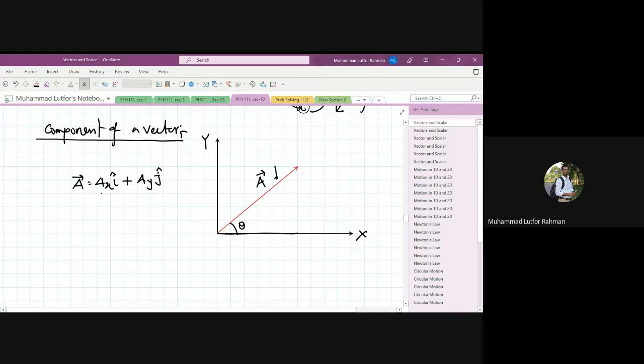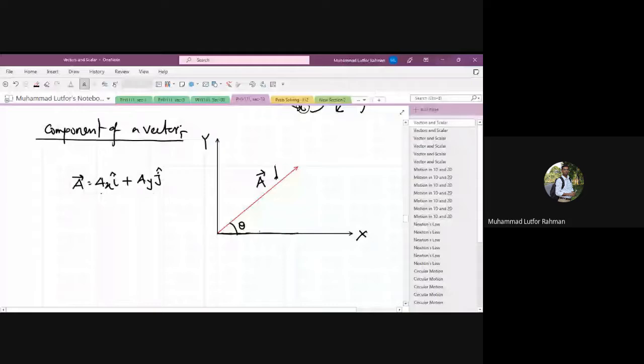You understand? If you put a light onto that vector, you will find the shadow of this vector A on the x-axis. That is actually the component of this vector A in the x-axis. The same thing for the y-axis, or you can say the projection of vector A along the direction of x.